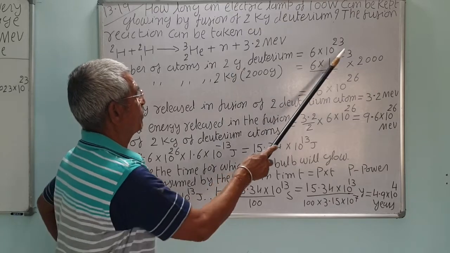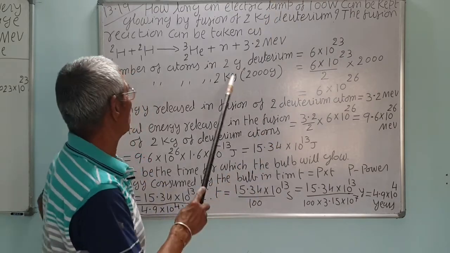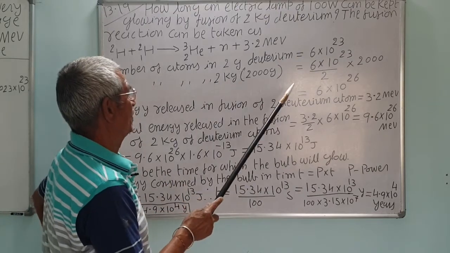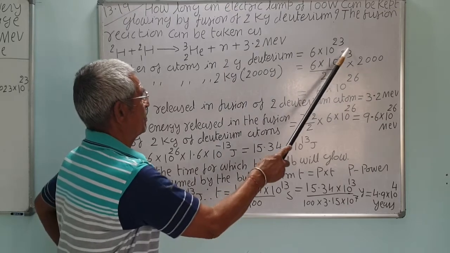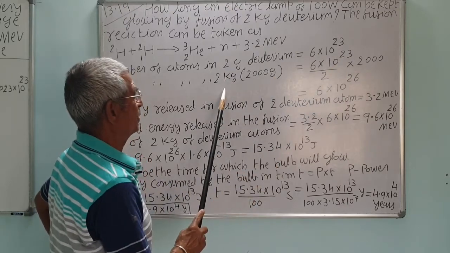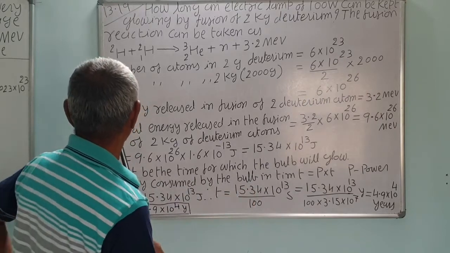So you can take for 1 gram, 6 into 10 raised to power 23. One step I have eliminated. So in 2 grams this much, in 1 gram you divide by 2, and in 2 kg multiply by 200,000. That is very simple mathematics.